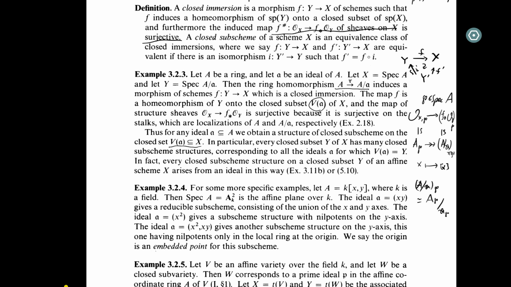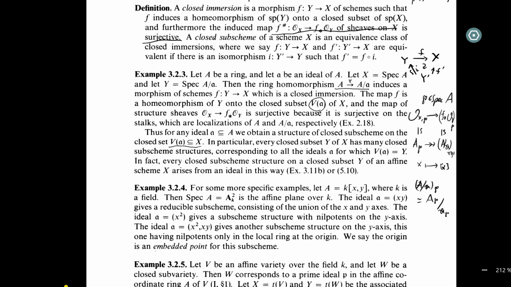So as a topological space, we are constructing some closed subscheme, or in other words, the equivalence class of closed immersion.